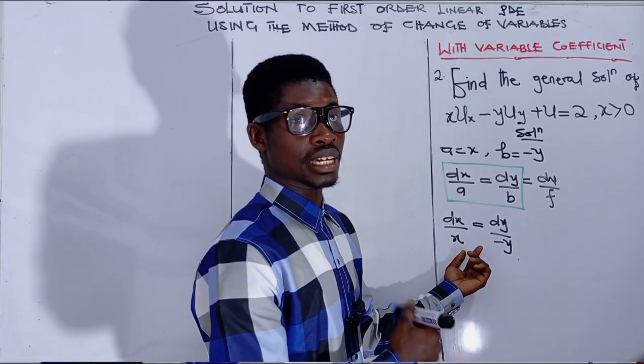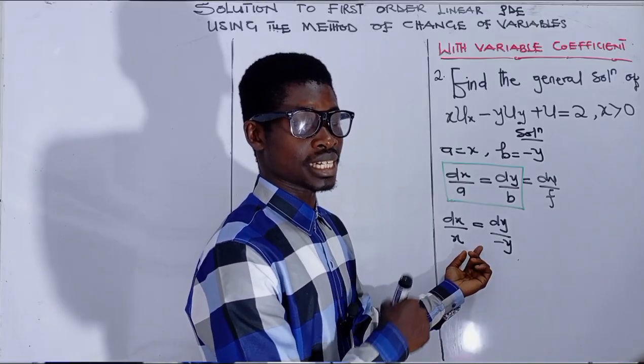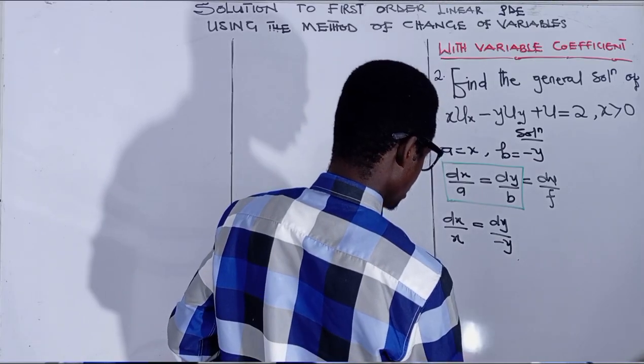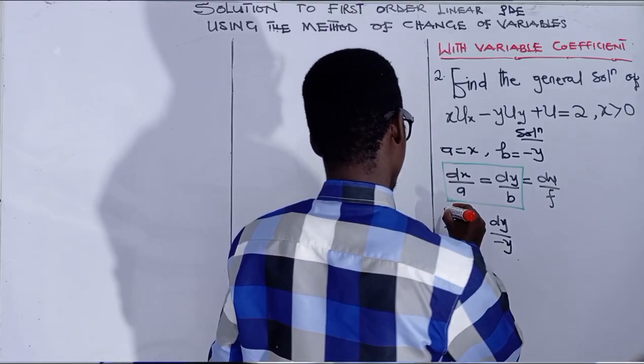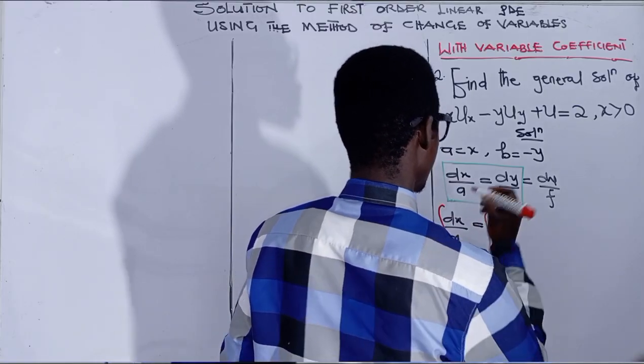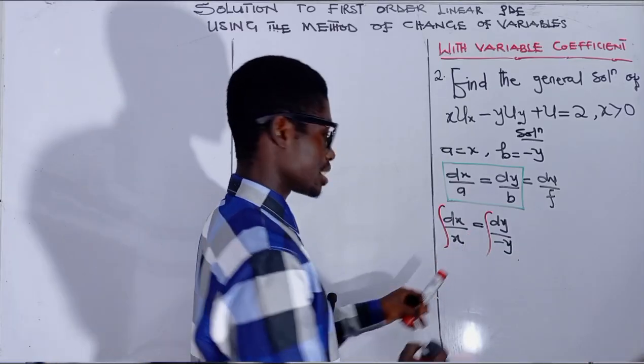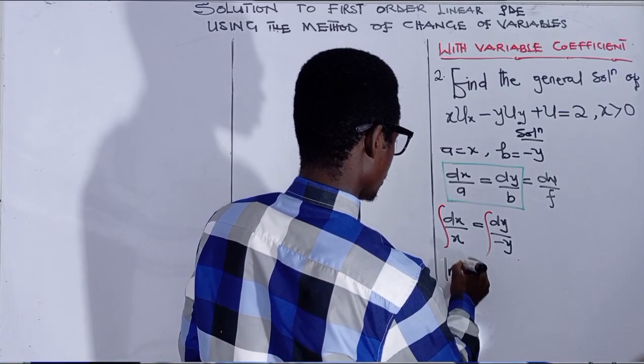So looking at this, you can see that we have already separated the variables, and therefore we can integrate straight away. So we are going to have the integral of this, and the integral of that. When we integrate dx over x, we are getting what? Ln of what?